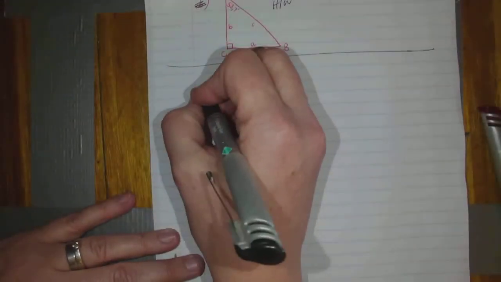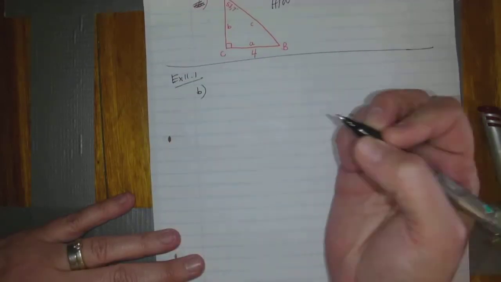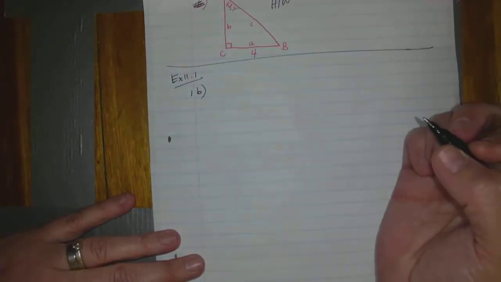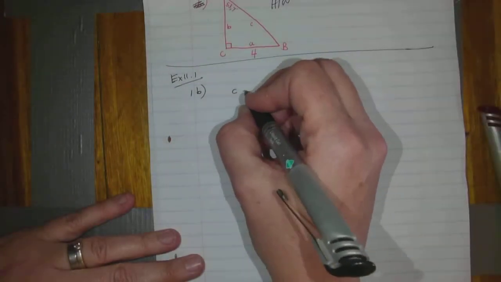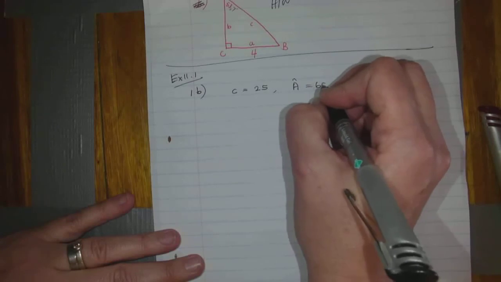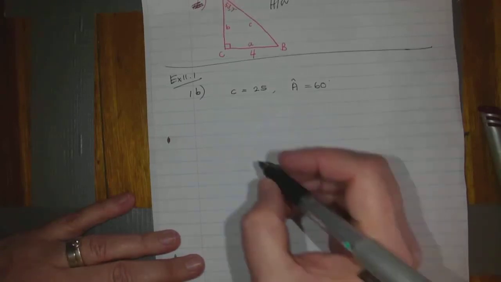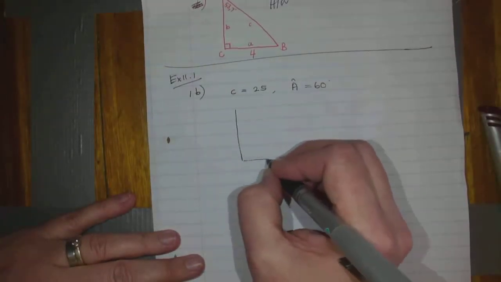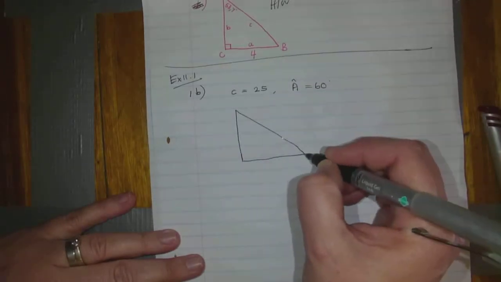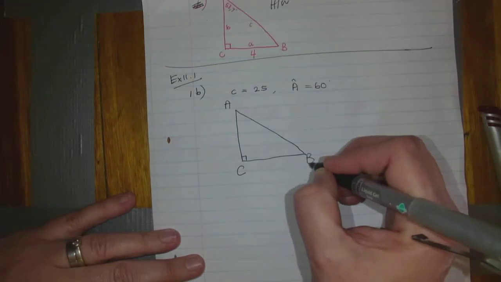Okay, so exercise 11.1, I want to look at 1B, and they say to me, C has a length of 25, A has a size of 60, and you are working in triangle ABC, and angle C is your 90 degrees. Okay, so angle C is 90, ABC.